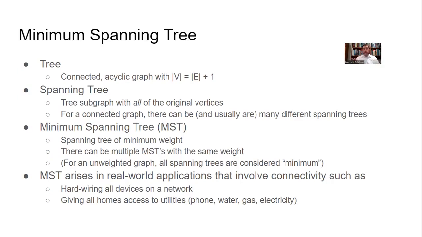So we need to have all these different things that are connected. How do we do that? And we don't want to have more connectivity than is necessary. We just want to ensure that everything has one way of being connected to the network because piping is expensive. So we want to figure out a way that minimizes those costs.